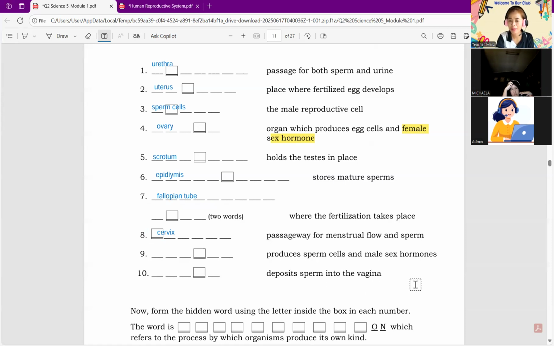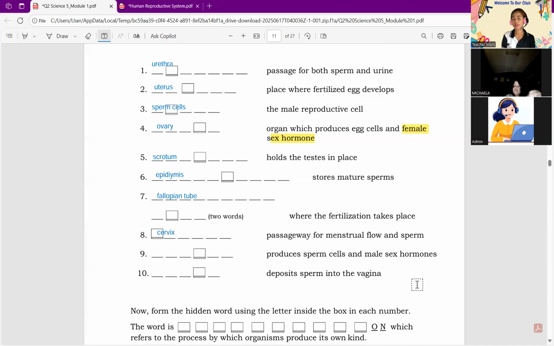Produces sperm cells and male sex hormones. What do you call that? On the side of the female, it is the ovary, in which it produces egg cells and the female hormones, which are the estrogen and progesterone. On the male side, it is the part in which it produces sperm cells and male sex hormones.